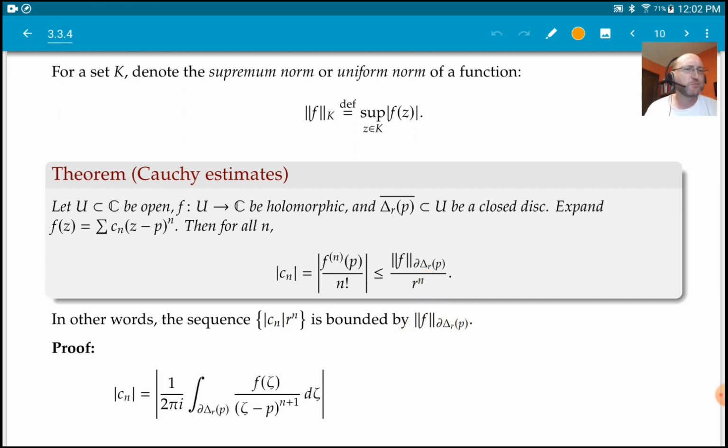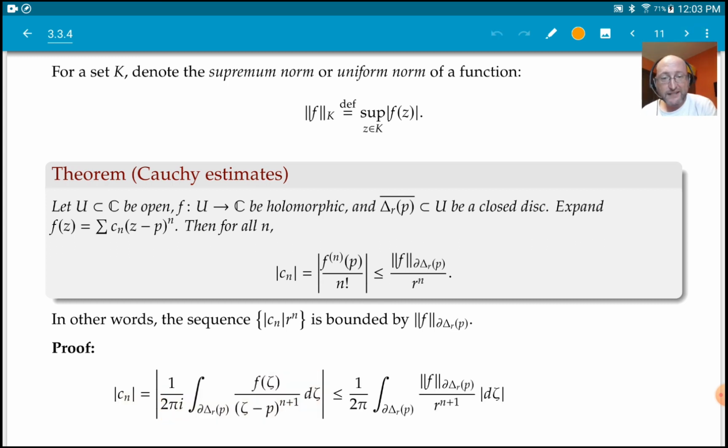All right, so let's prove this. It's a fairly simple proof. So we have a formula for c_n, right? This was from the development of the power series. This was the formula for this number c_n, right? And so what we do is we just stick the modulus inside the integral.